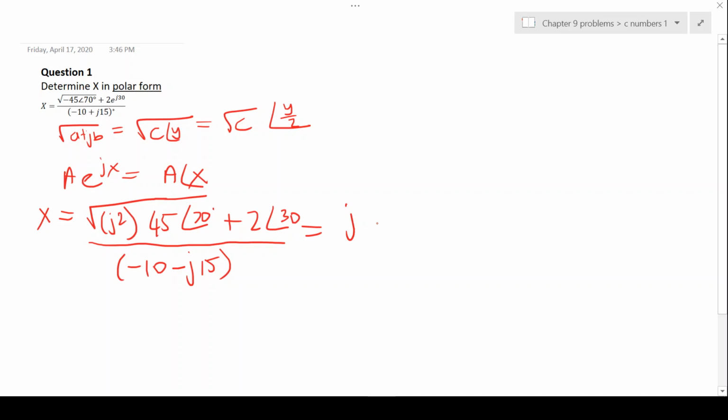That will be j multiplied by the root of 45 angle 70 divided by 2, plus 2 angle 30 over negative 10 negative j15.